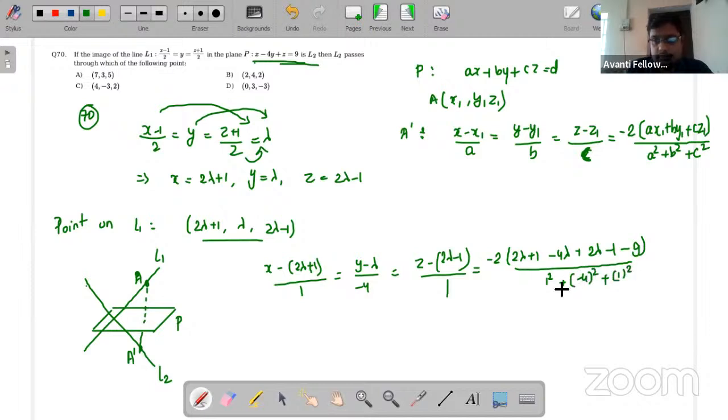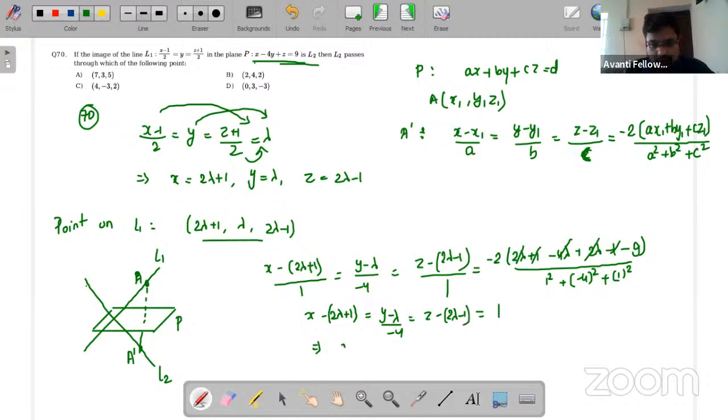So 4 lambda, 2 lambda, 2 lambda cancel out. 1 and minus 1 also cancel out. So minus 2 into minus 9 is 18, and the denominator is 16 plus 2, 18. So 18 by 18 is 1. So we get x minus (2 lambda plus 1) is equal to y minus lambda upon minus 4 is equal to z minus (2 lambda minus 1).